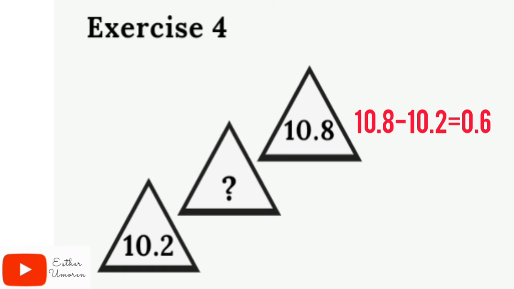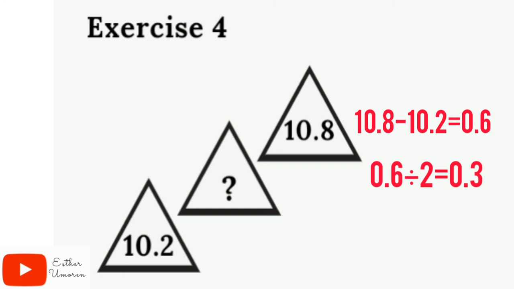All right, so to get the difference between the two triangles next to each other, we will have to share that into 2. So we have 0.6 divided by 2 gives us 0.3. All right, so 0.3 is the actual difference between the lowest and the triangle next to it.